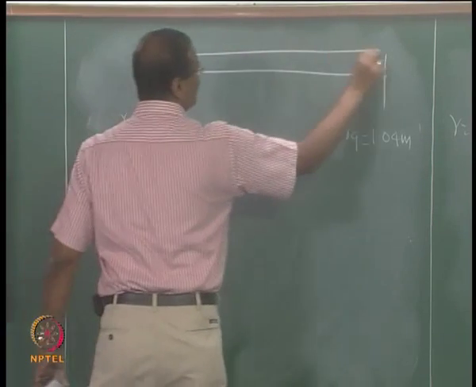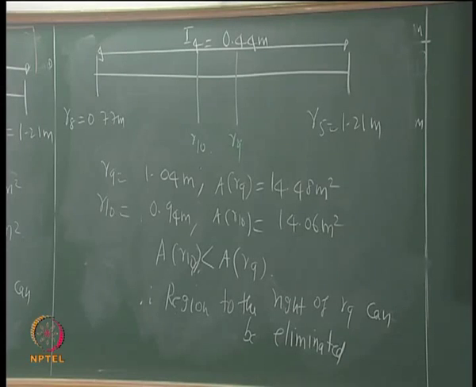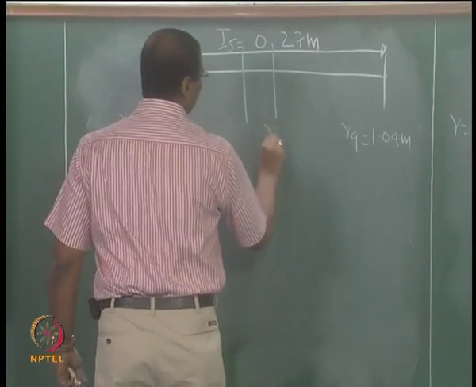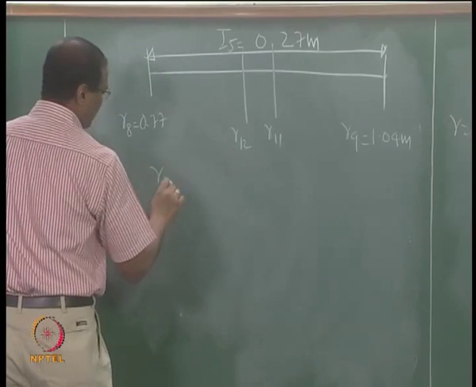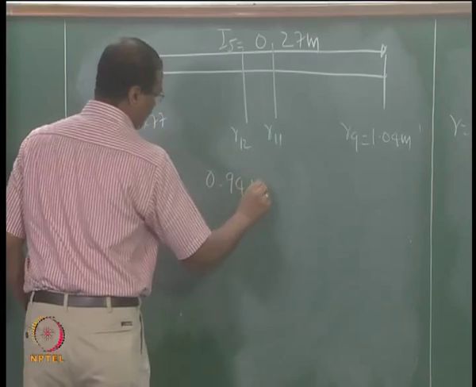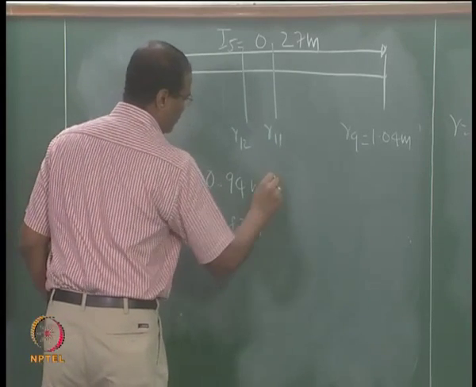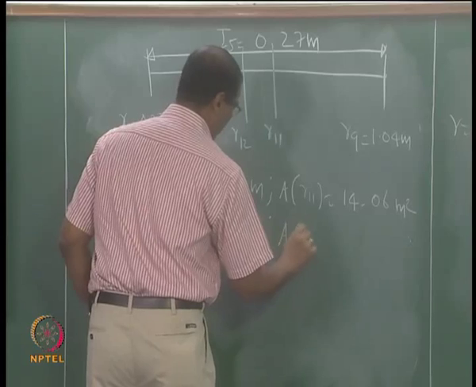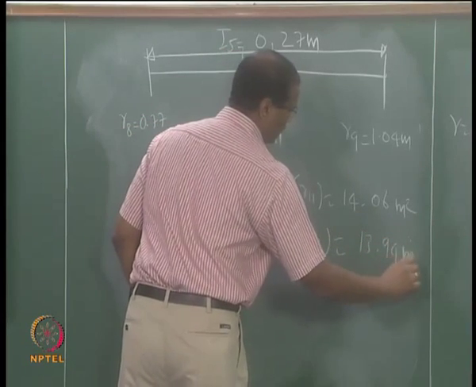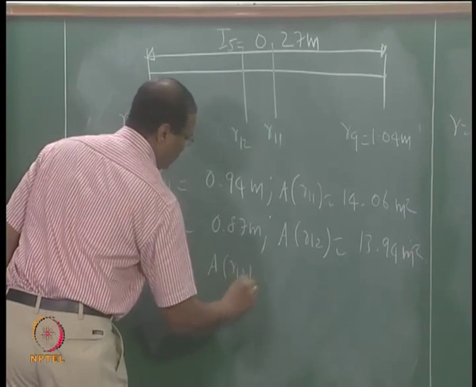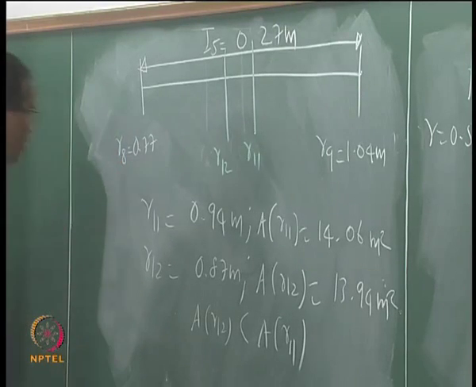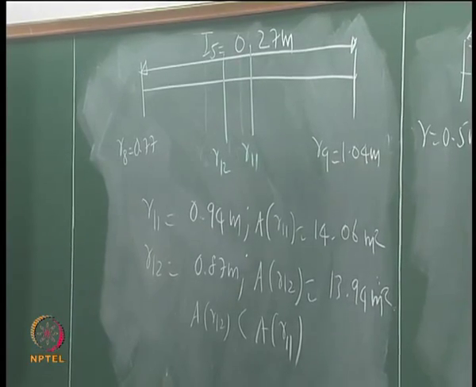So, R5, yeah, I think we have come to the end now. 0.14. So, R12 is less than, therefore, the region to the right of R11 can be eliminated.